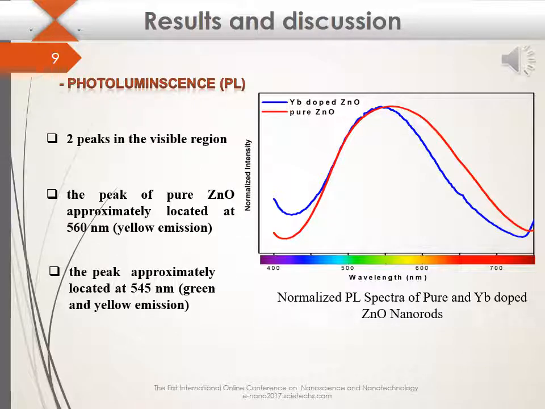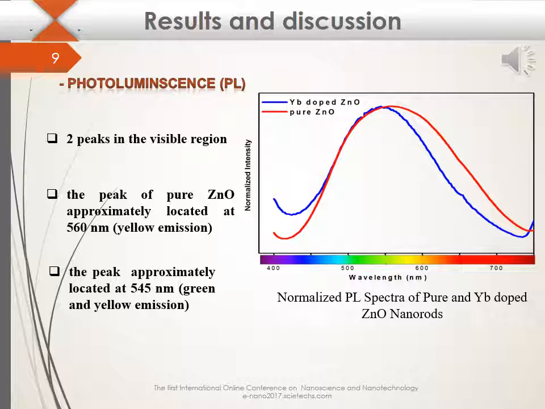To better understand the nature and origin of emissions, this figure illustrates the normalized photoluminescence spectra. The two samples exhibit two peaks in the visible region. The peak of pure zinc oxide is located approximately at 560 nanometers, the yellow emission, which is usually attributed to the doubly ionized oxygen vacancy. For the PL spectrum of ytterbium doped zinc oxide, the peak is approximately located at 545 nanometers, the green and yellow emission.